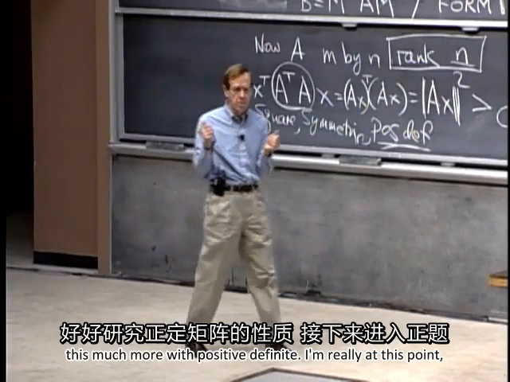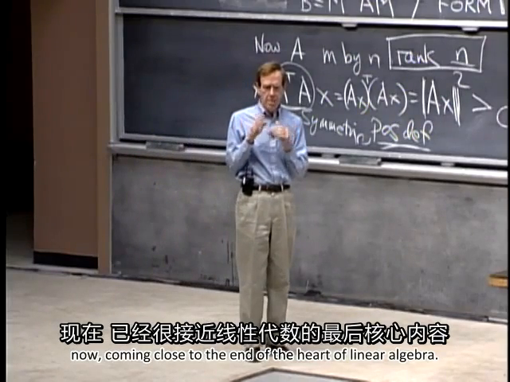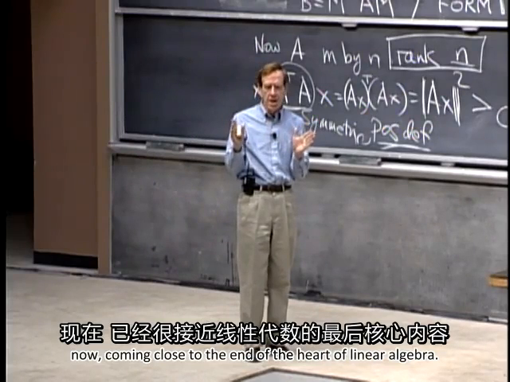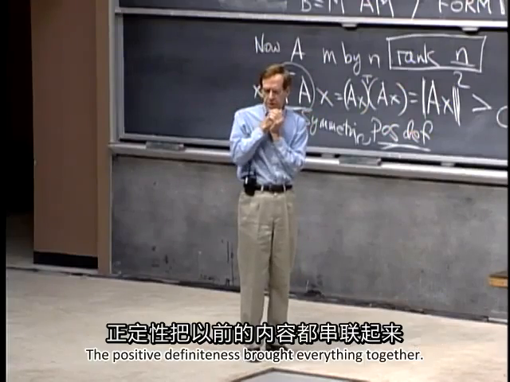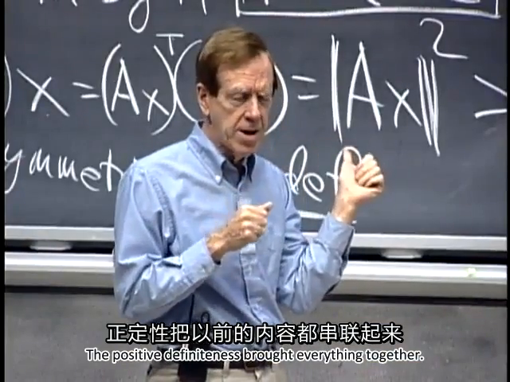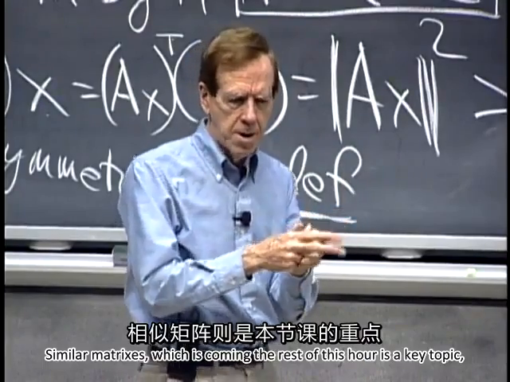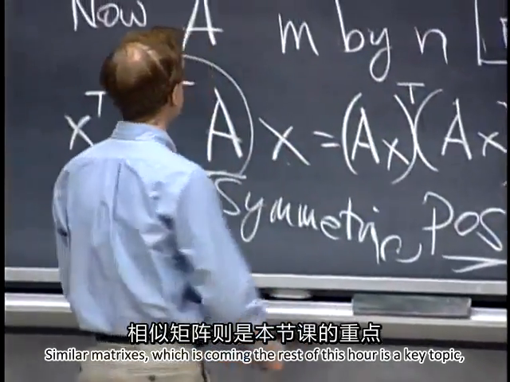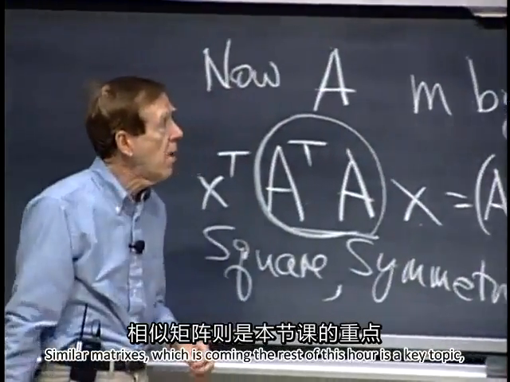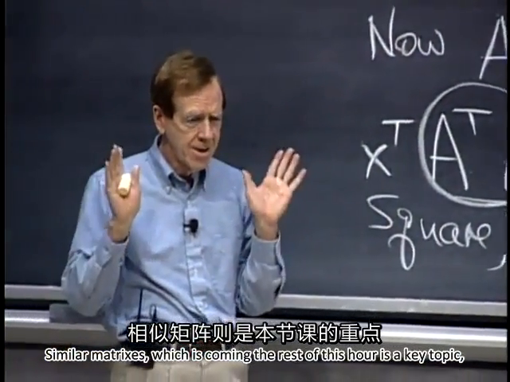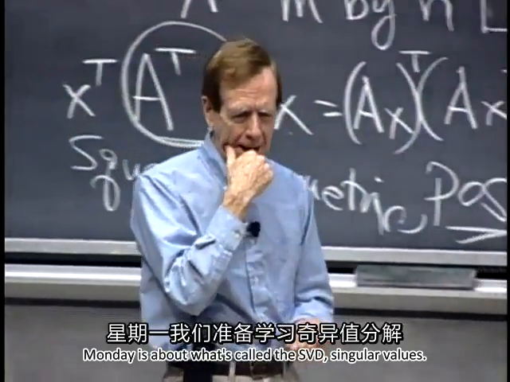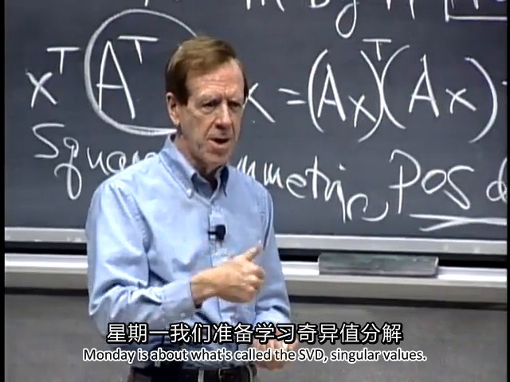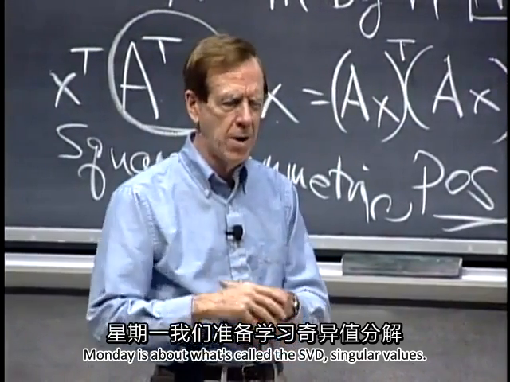I'm really at this point now coming close to the end of the heart of linear algebra. Positive definiteness brought everything together. Similar matrices, which is coming the rest of this hour, is a key topic. And please come on Monday. Monday is about what's called the SVD, singular values.